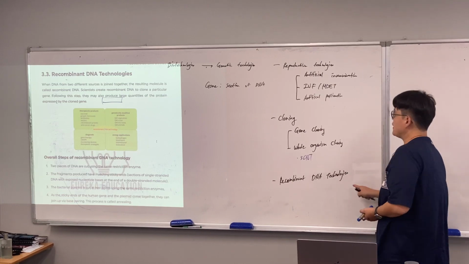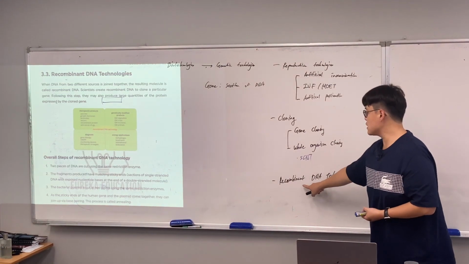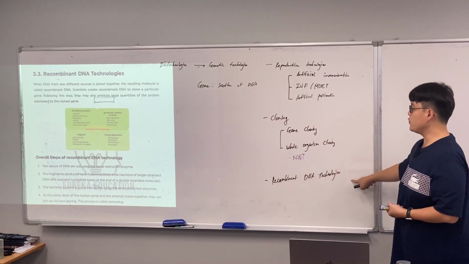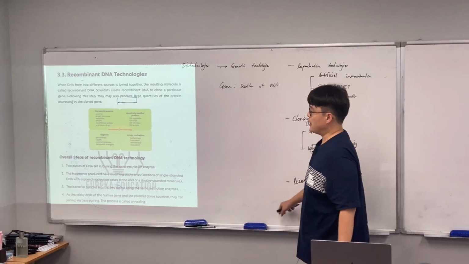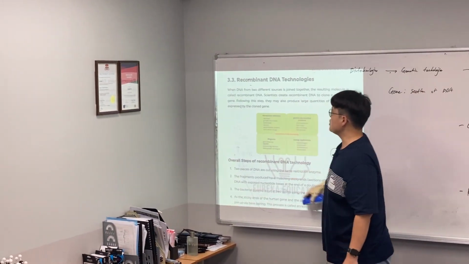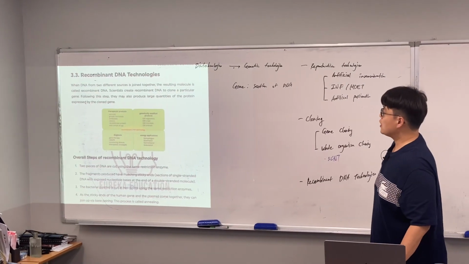But this is actually just some portion of the gene cloning too. We're using this recombinant DNA technology for cloning the genes. This is something that we use a lot, and we're using this to produce a GMO, the genetically modified organism as well too. So what is a recombinant?